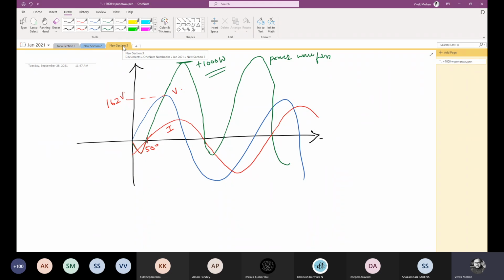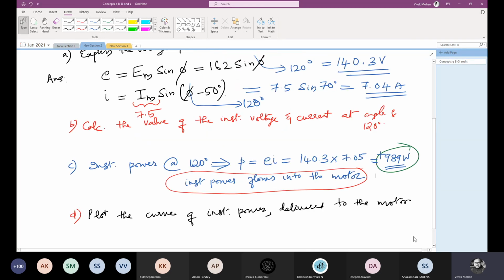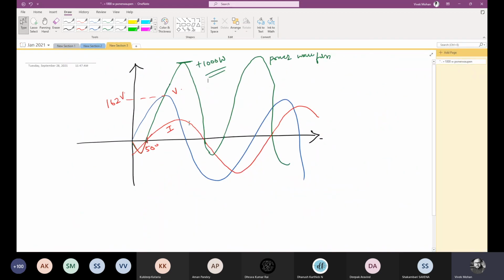What does this mean? My instantaneous power: at a particular instant, 120 degree, I got positive 989 watts. But here I am taking the full waveform using the instantaneous power values, forming the power signal, and I get both negative and positive sides.